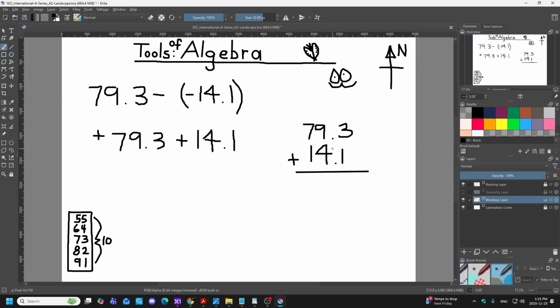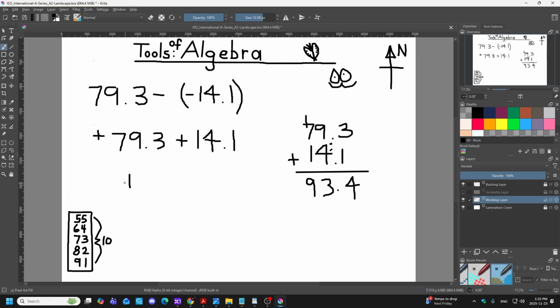And it's that easy, and it's just simply adding numbers together. Okay? 3 and 1 is 4. 9 and 4, 9, 10, 11, 12, 13. Carry the 1, that's 8, 9.